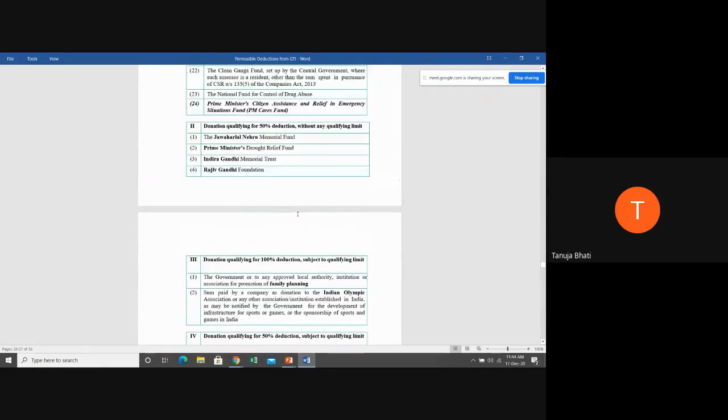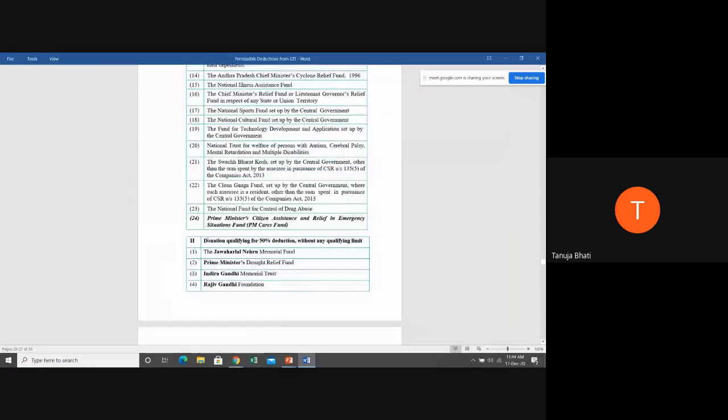So let me first help you all remember this. How are you going to remember what falls under 50% deduction without any qualifying limit? Only 4 things are covered. So you can say Nehruji's family is covered under 50% deduction without any qualifying limit.